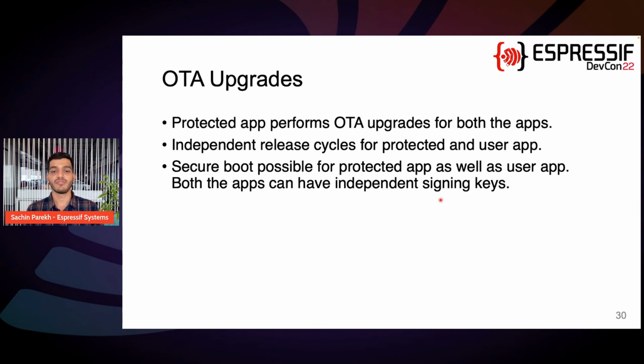Security is also a concern while doing OTA upgrades. So we also have the ability to securely sign and verify these applications while doing the OTA upgrades. It ensures that only authorized code can execute on your device, and both of these applications can have different signing keys, so it decouples them from one another.